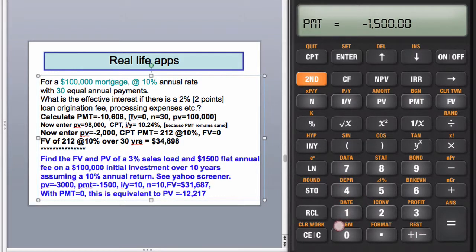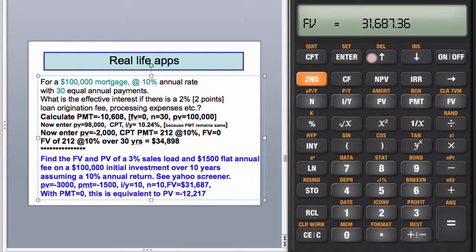Interest per year is 10%. Number of years is also 10. Compute future value. There you go. $31,687.